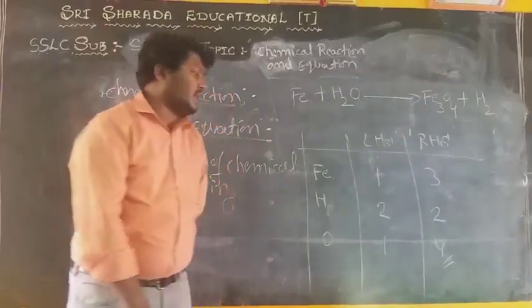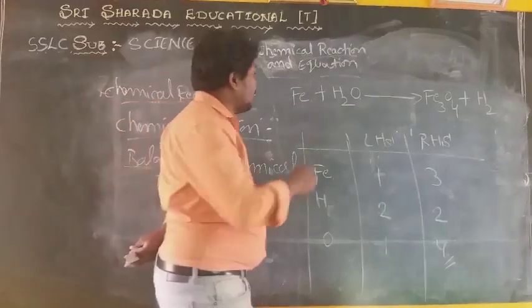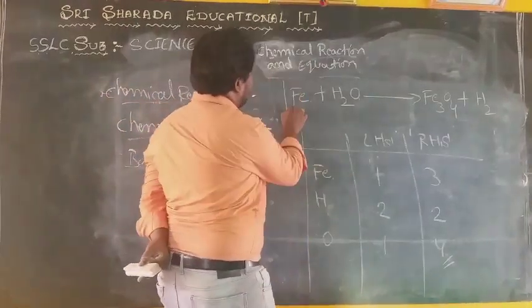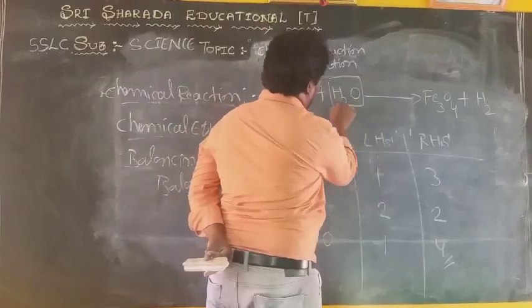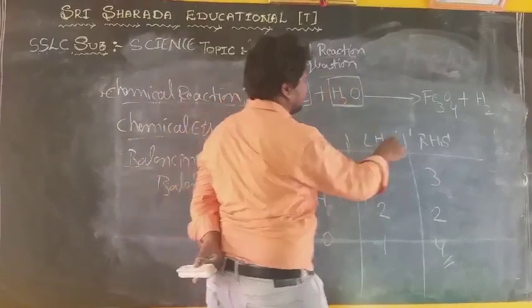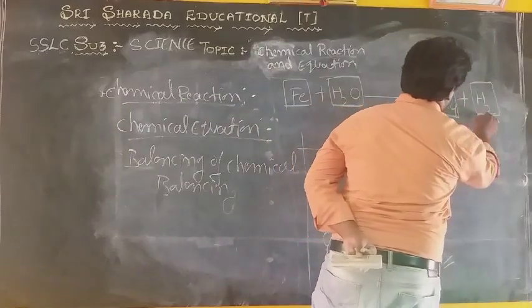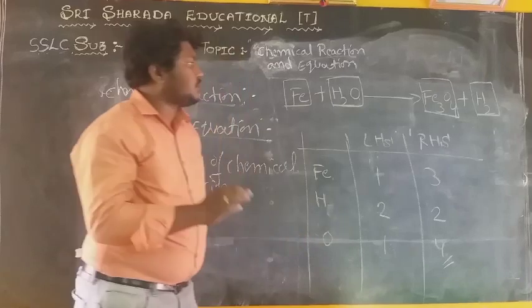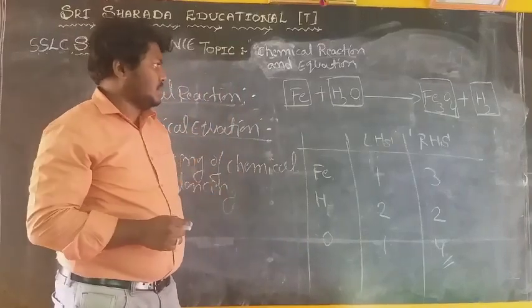Then how to balance that equation? First we should mark or make a box for the atoms we have. These atoms should not be changed during the balancing of equations.